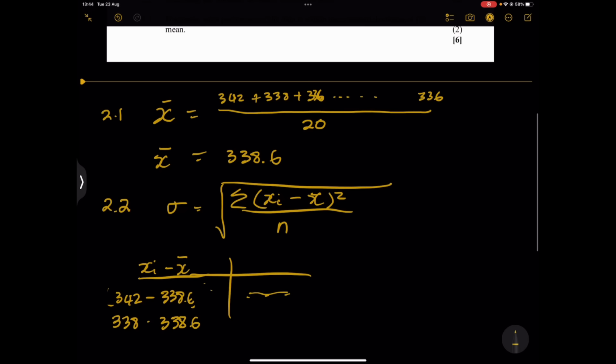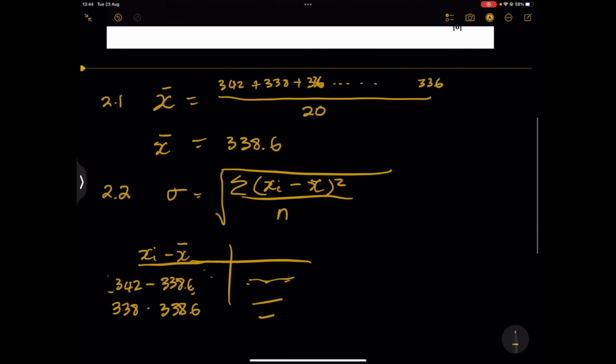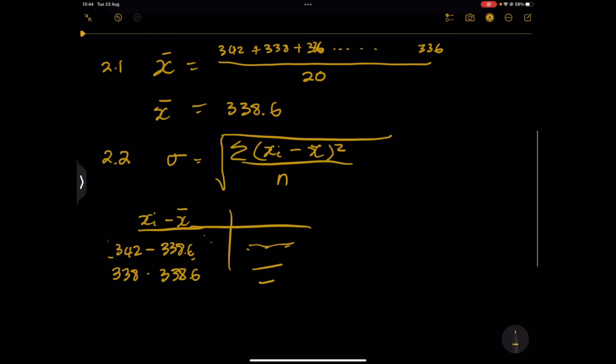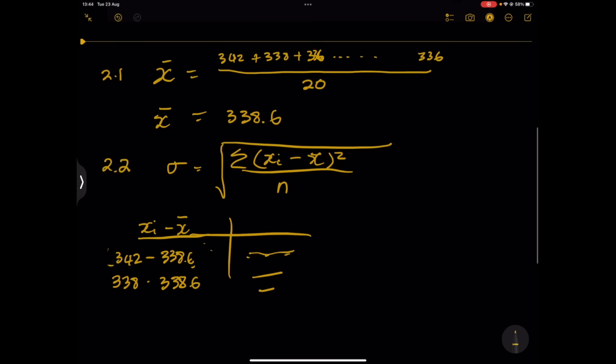You keep taking all of those values, square them, take the sum of the squares, and then divide by 20. But of course, you're going to do this through the calculator.